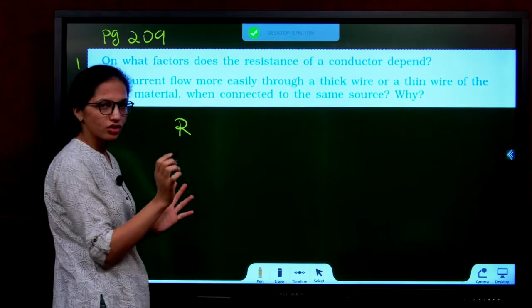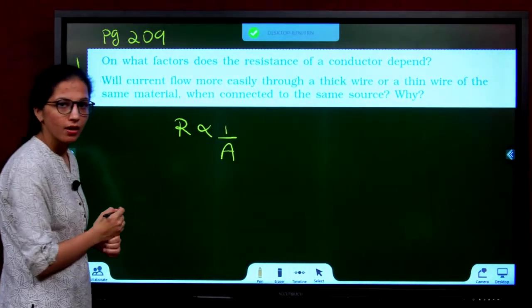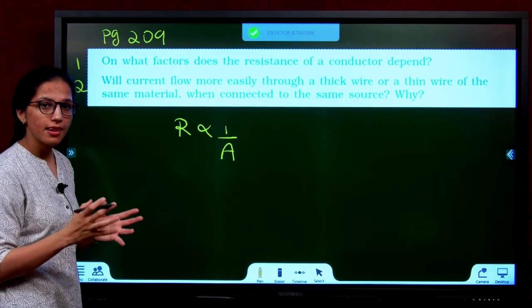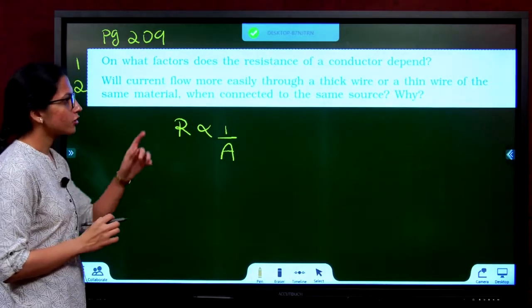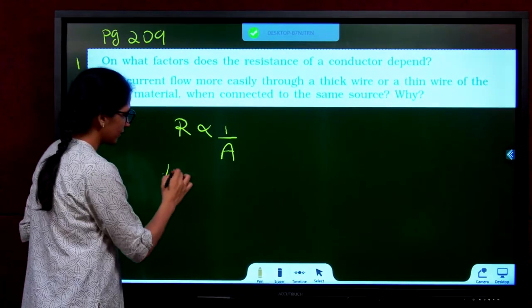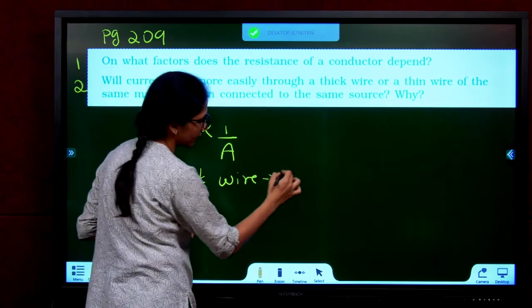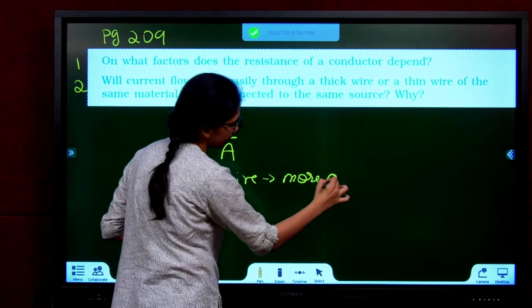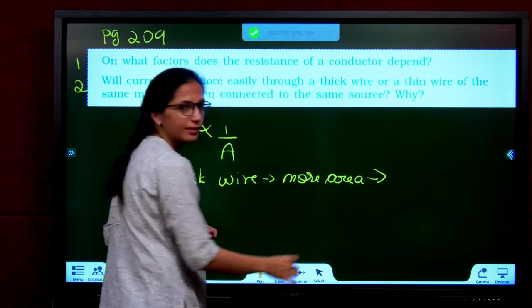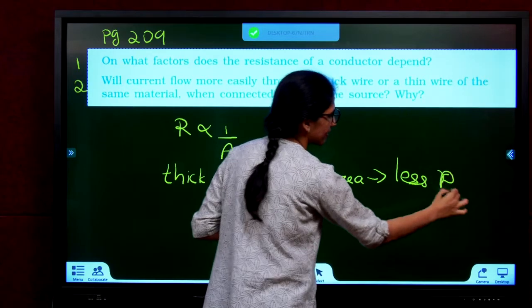Resistance, only area is changing. Resistance is inversely proportional to area. More the area, less the resistance. So thick wire and thin wire, who has more area? Thick wire has more area. More area means less resistance.